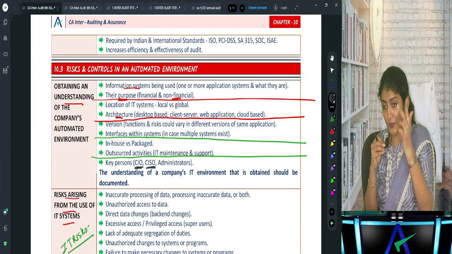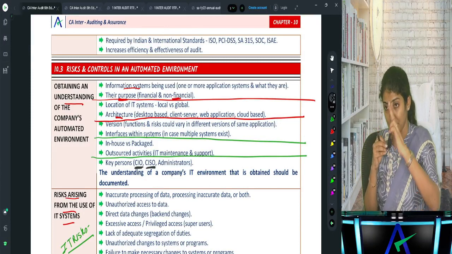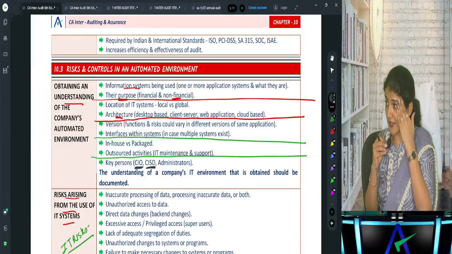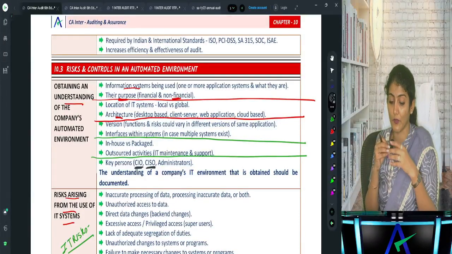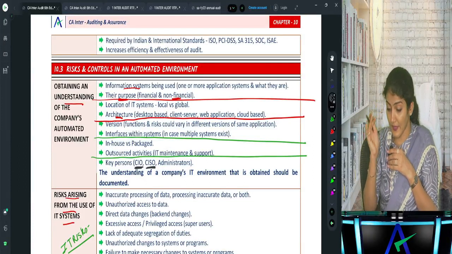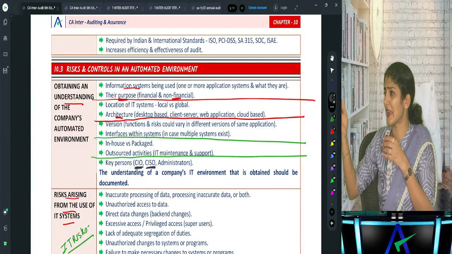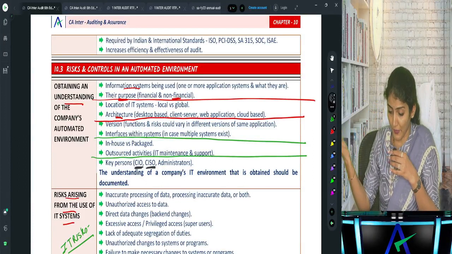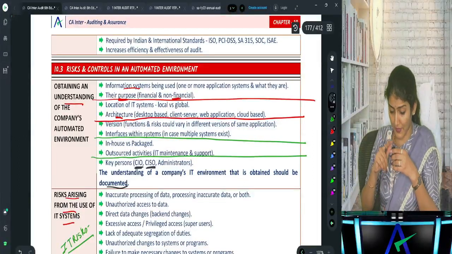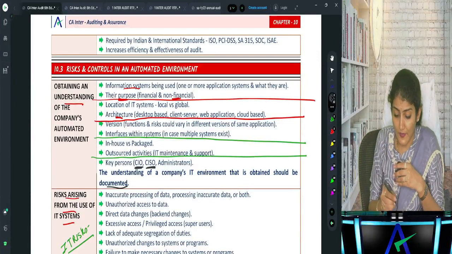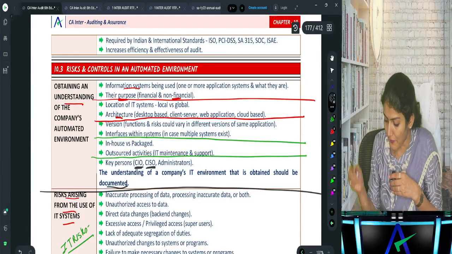Then the location and the architecture, then the version and the interface, then whether it is in-house or package, and also the outsourcing, and also the key persons, that is the CIO, CISO, and the administrators, database administrators, and so on. And obviously this understanding of the automated environment is required to be documented, right? So that is understanding the company's automated environment.